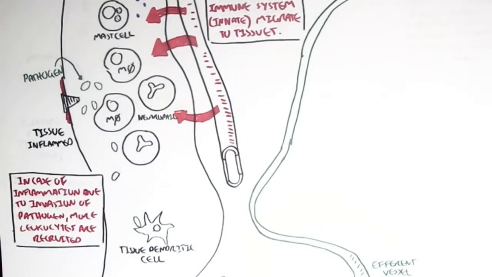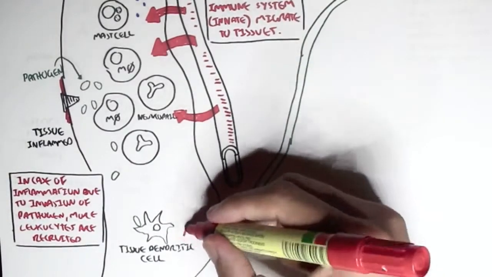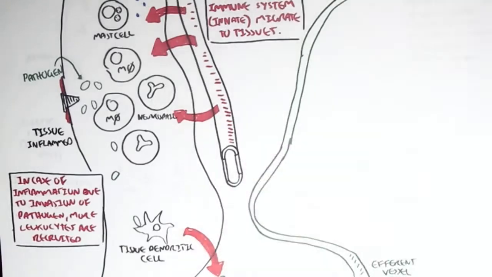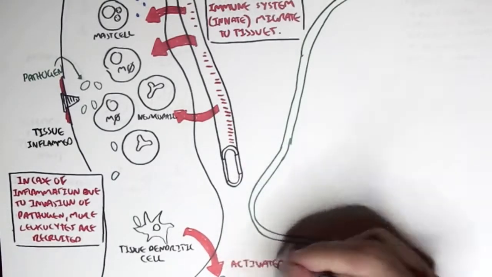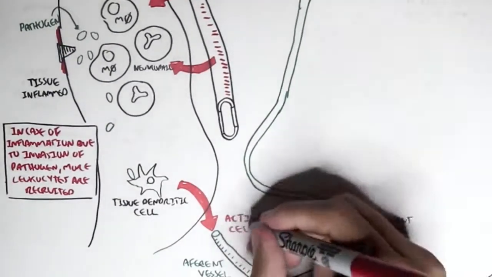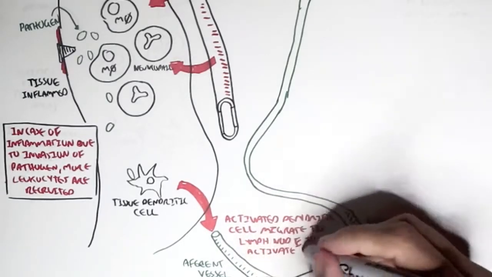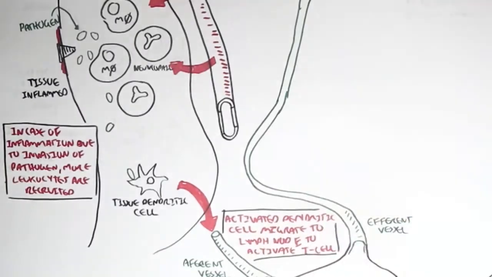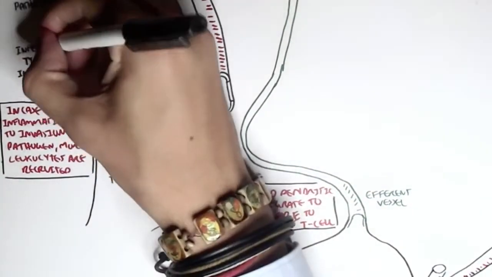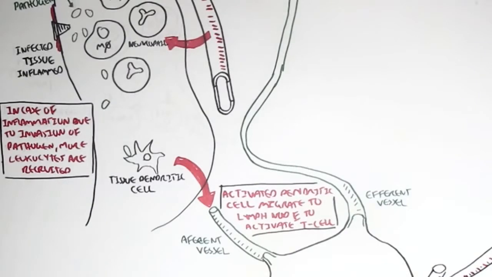A dendritic cell plays a critical role here in that it connects the innate immune system to the adaptive immune system, so that the adaptive immune cells, such as the T and B cells, can help in initiating a bigger immune response. So when the dendritic cell becomes activated by phagocytizing an antigen, it moves into the lymph node through the afferent vessel.